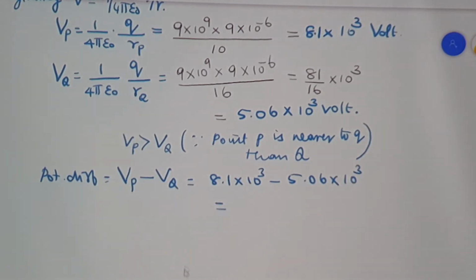The answer you get on subtracting is 3.04 multiplied with 10 to the power of 3 volt. Then what is the next one asked? We have to go for the next subdivision. Let us consider the next subdivision as B.